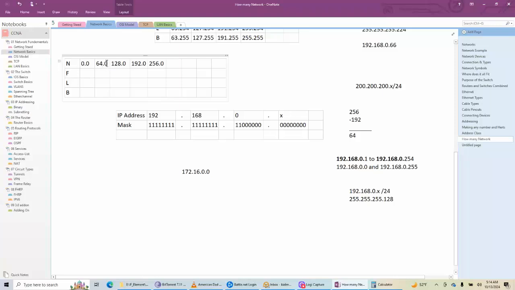It's this one too, because this is our last octet. So that's going to be 255, and obviously we're going to minus one number here, which is a 63. So 63.255 is going to be our broadcast address. This is going to be 127.255. This is going to be 191.255.